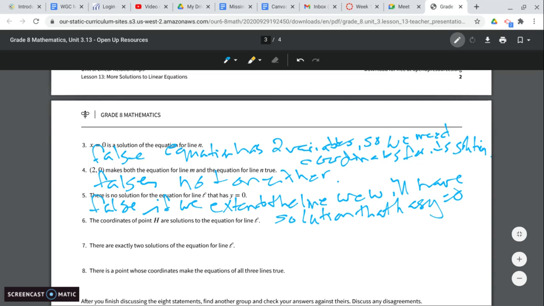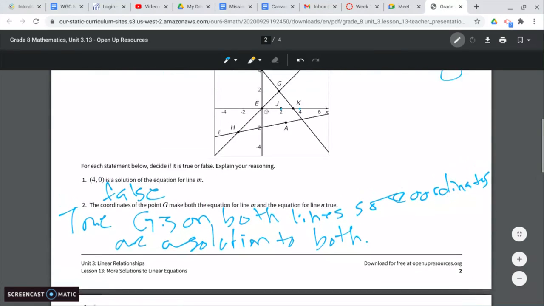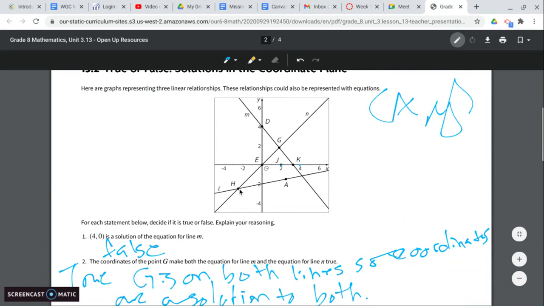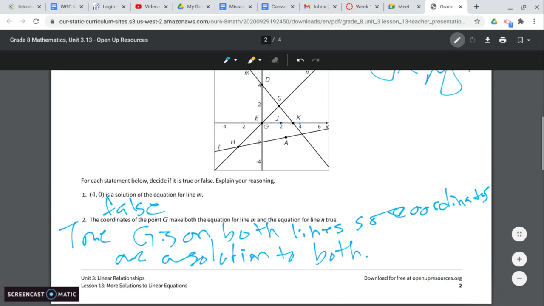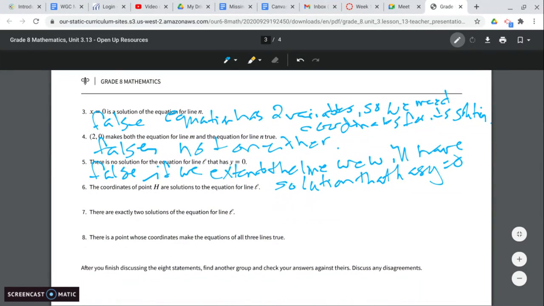All right, for number 6, the coordinates of point H are solutions to the equation for line L. So look at point H. Is it on line L? Yes, it is. So this is true. Because it lies on the line, this is true.